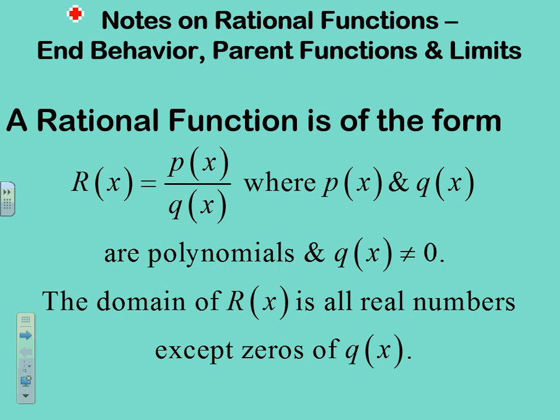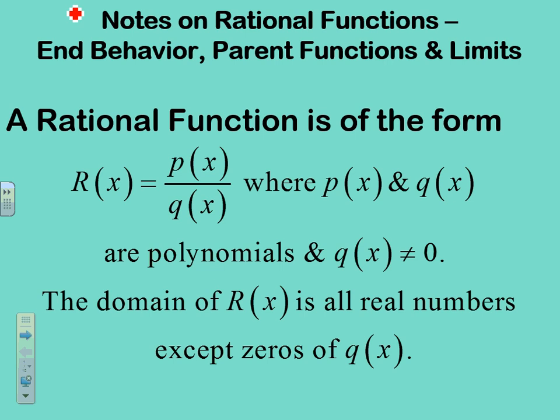It is a function, a collection of inputs and outputs, where the variable that we would consider our input variable, typically x, is going to be in the bottom part of a fraction. So here, what you see on this screen is a very general explanation of what a rational function is going to look like.